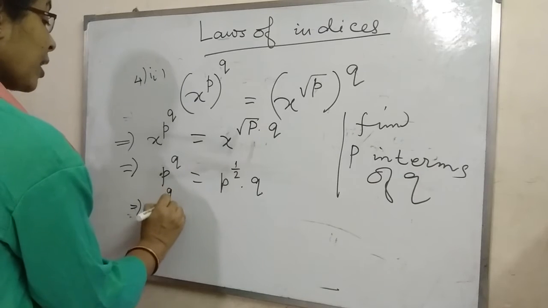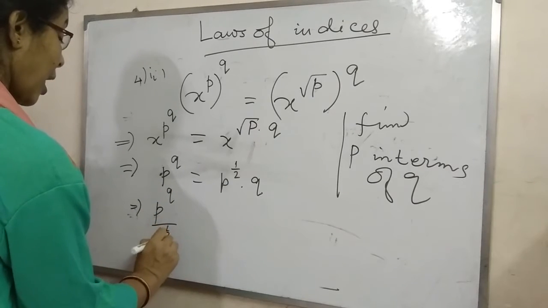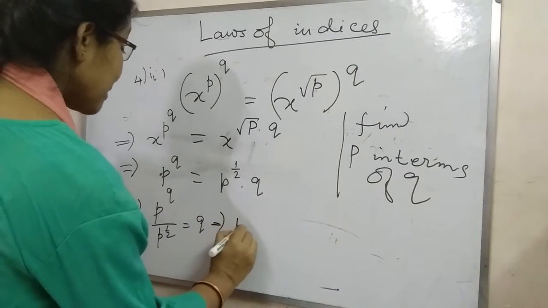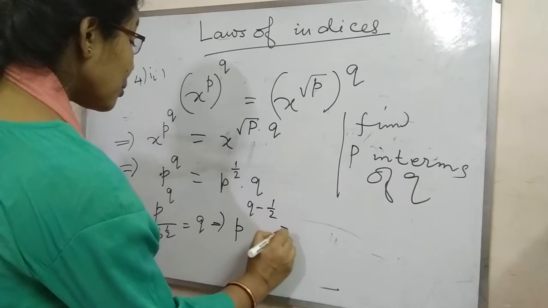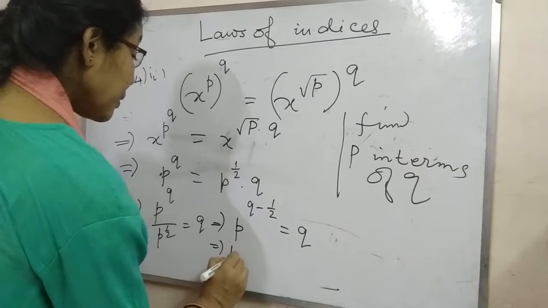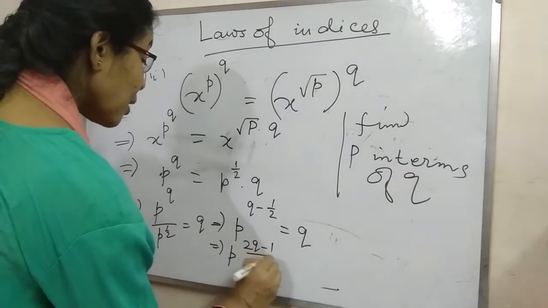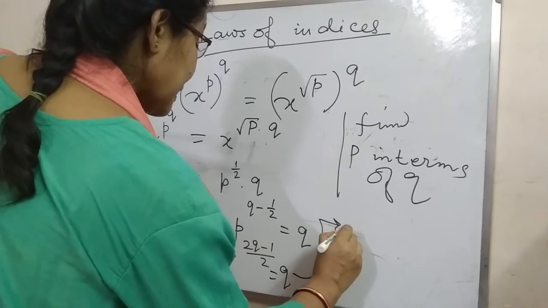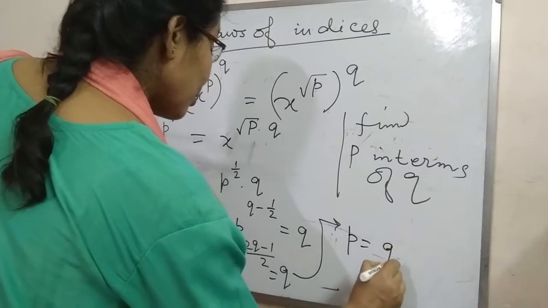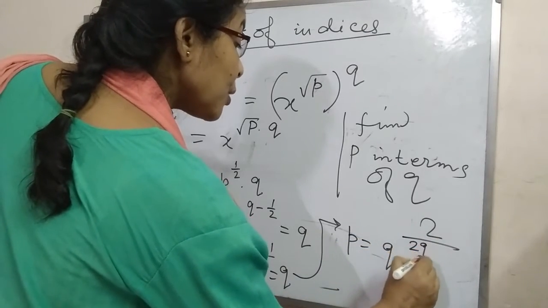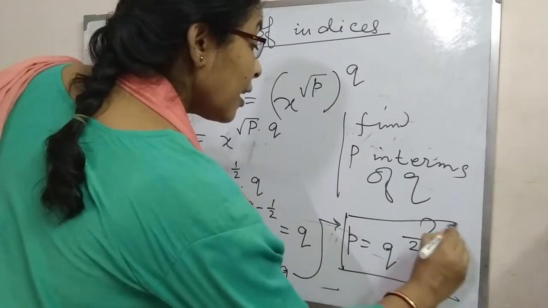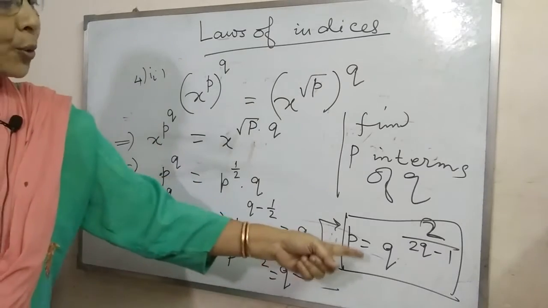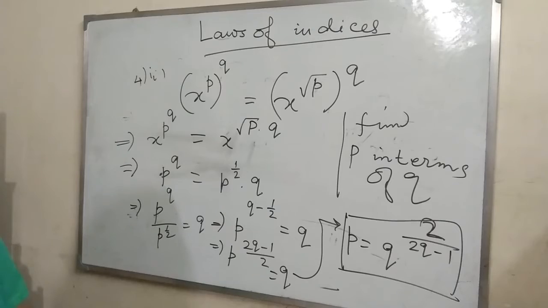So p to the power q by p to the power half is equal to q, that is p to the power q minus half equals q. p equals 2q minus 1 by 2 equals q, that is p equals q to the power 2 by 2q minus 1, and I will get the answer p equals q to the power 2 by 2q minus 1.